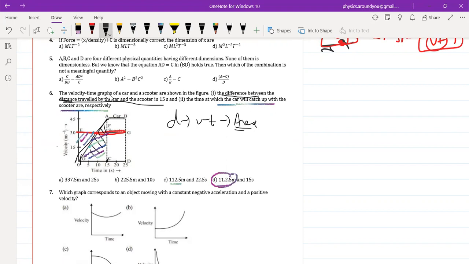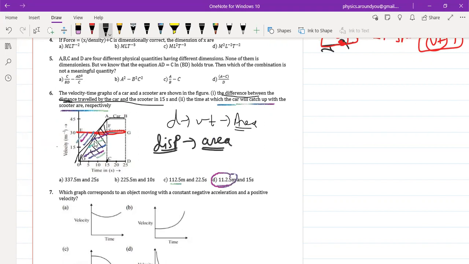So how can I find the time at which the car will catch up with the scooter? Easy. The trick is, if the car and scooter catch up with each other, then both of them have the same displacement. And displacement means area under the VT graph.